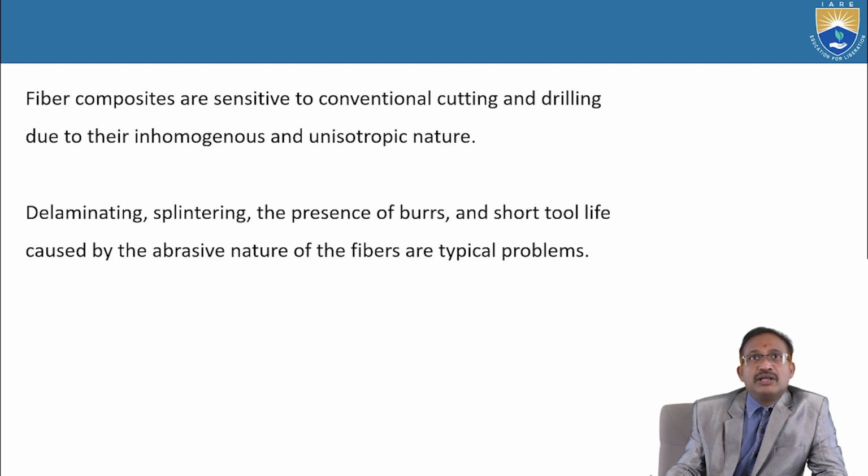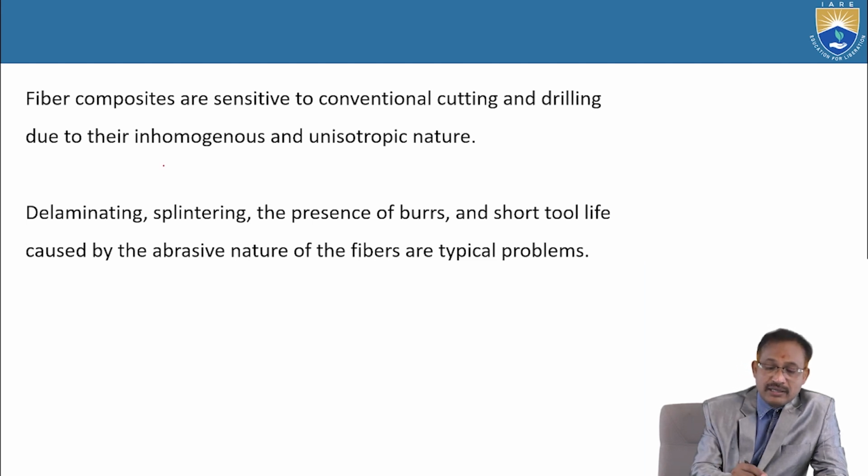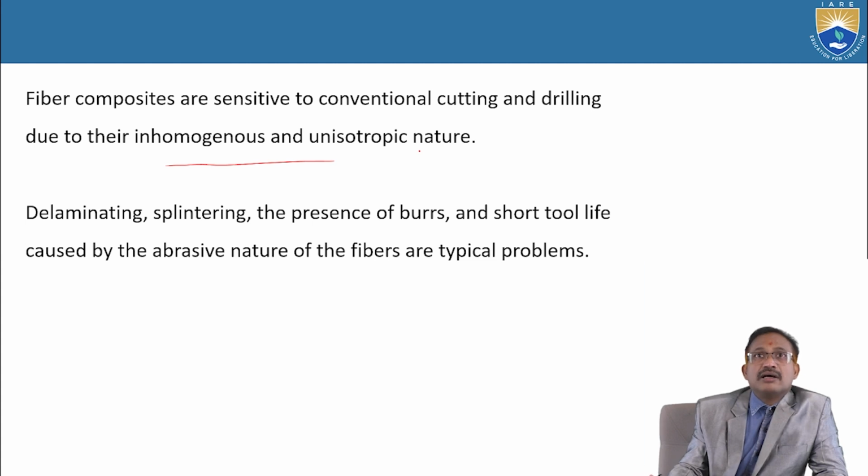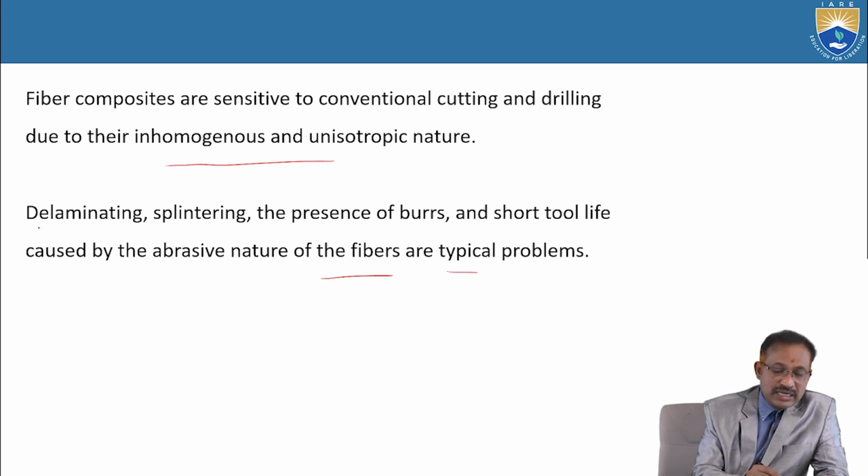Okay, so delaminating, splintering, the presence of burrs, and short tool life caused by the abrasive nature of the fibers are typical problems. Okay, what are those?